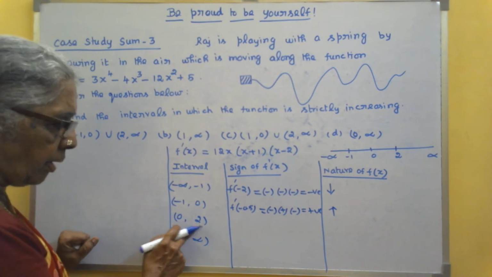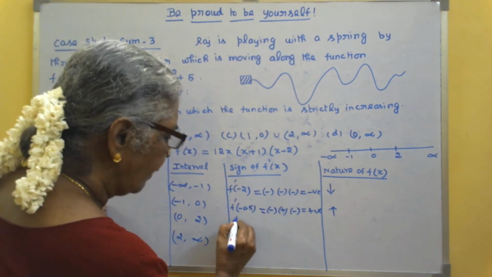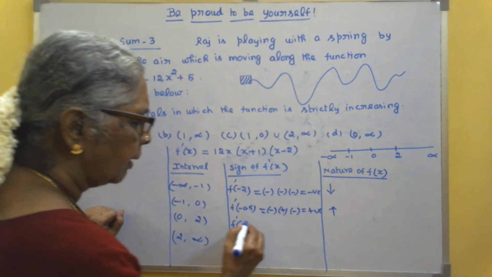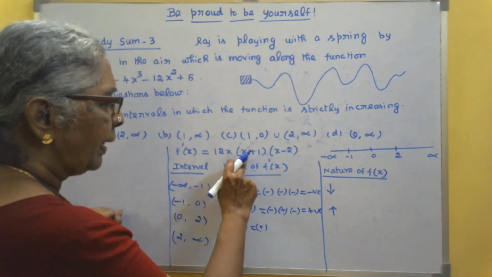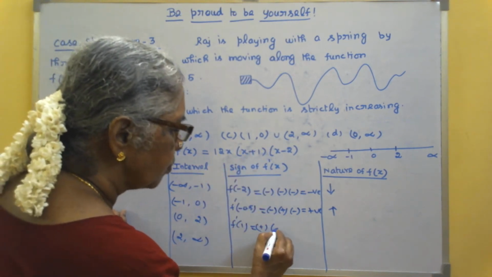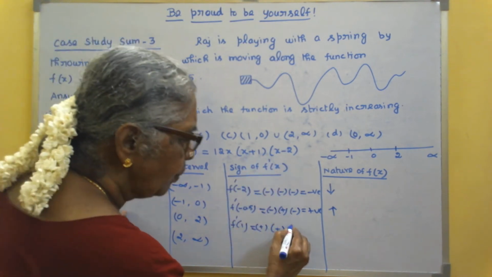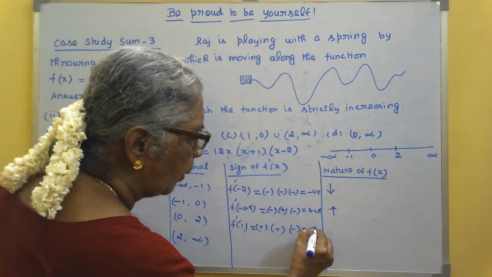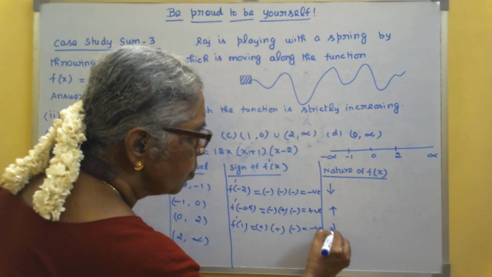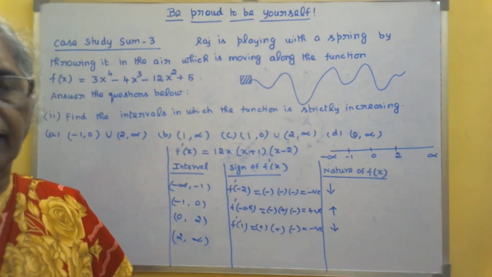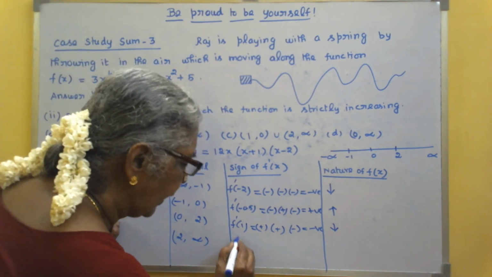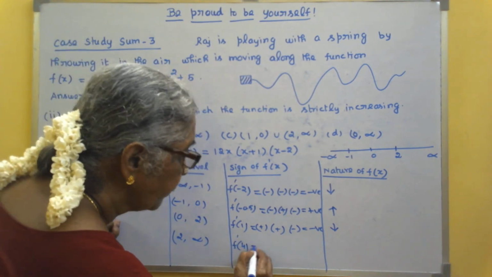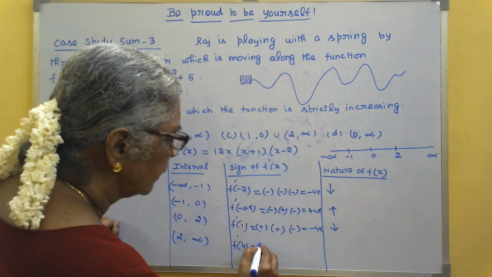Come to the third interval, 0 to 2. We can take f dash of 1. The outer one is positive. Coming to this, 1 plus 1, 2, that is also positive. That will be negative. So the product is negative. So it is strictly decreasing. Come to the fourth interval, 2 to infinity. You can take any number. I will take 4. So the outer one is positive.